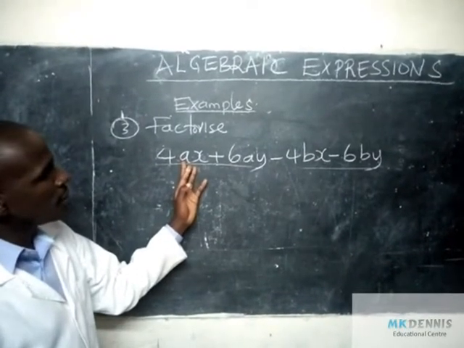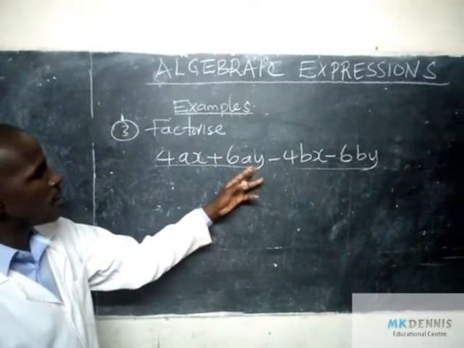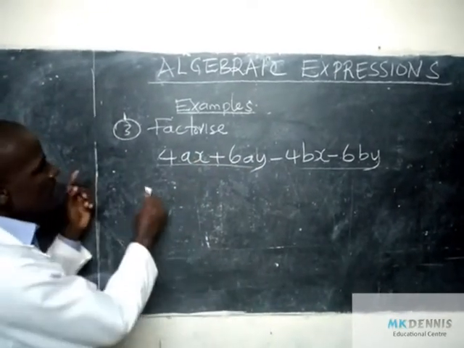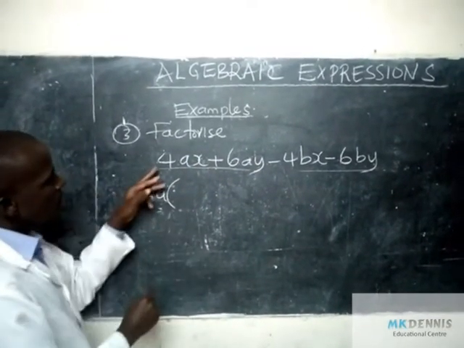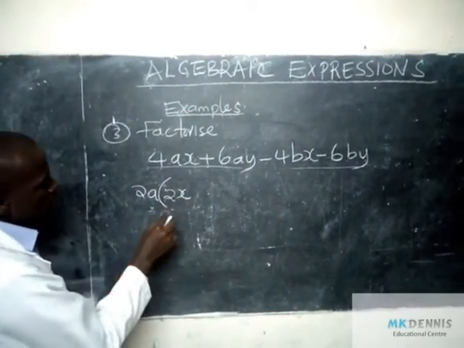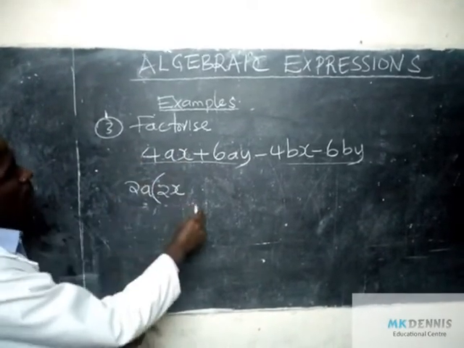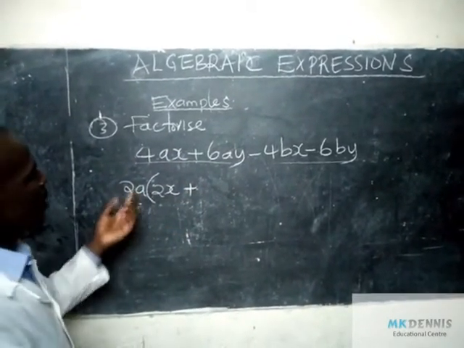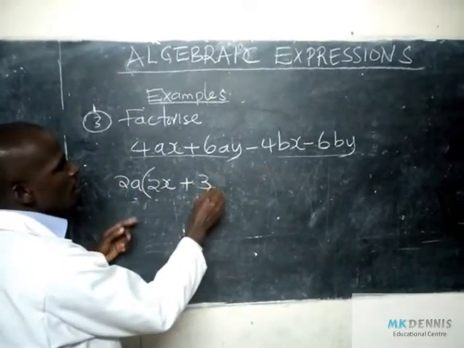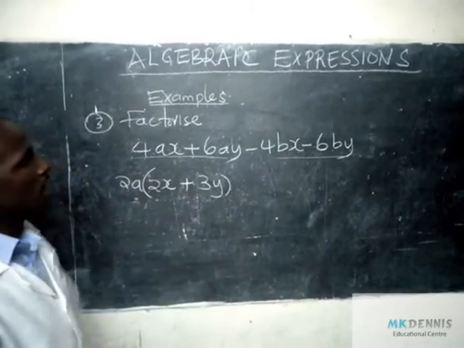We can't say y is common because we do not have y. So 2a is common. Then we shall have 2x, so that 2a and 2x gives 4ax, plus 3y, so that you can get 6ay.